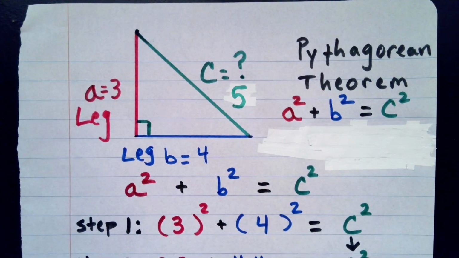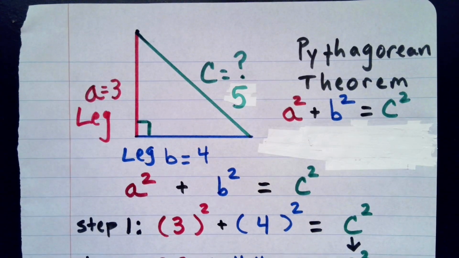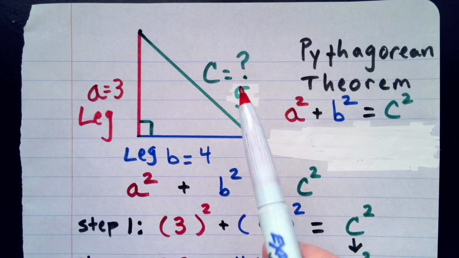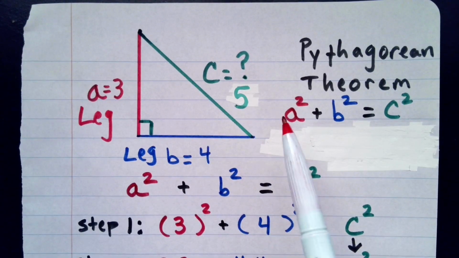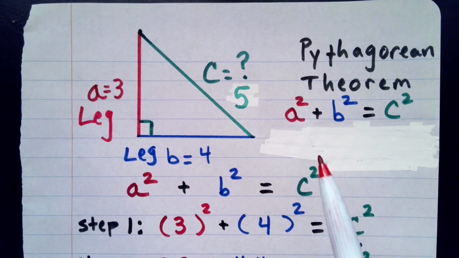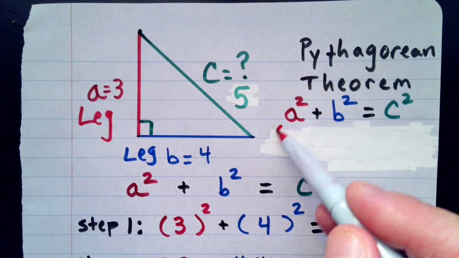Now, if you want to check your answer, you would want to make sure that both sides of the equal sign are the same. So if I have the value of a, the value of b, and now the value of c, I can substitute those values, simplify, and one side should equal the other side. So let me show you here.